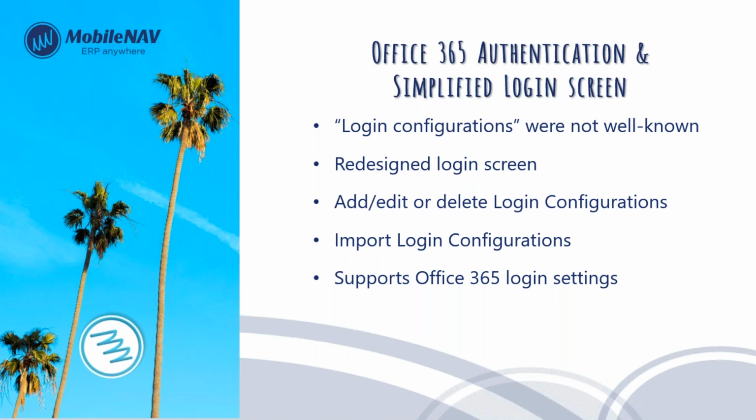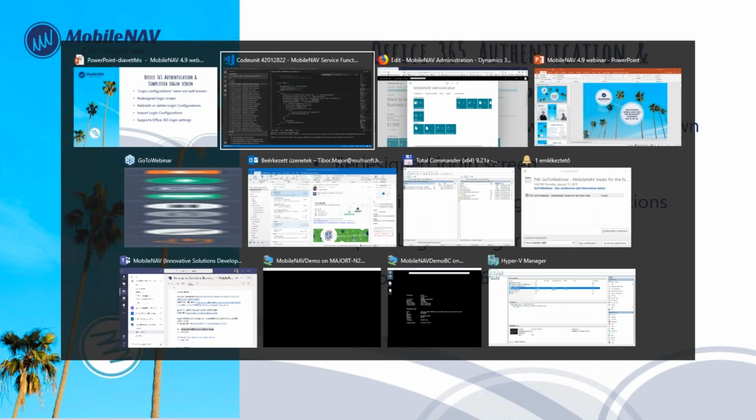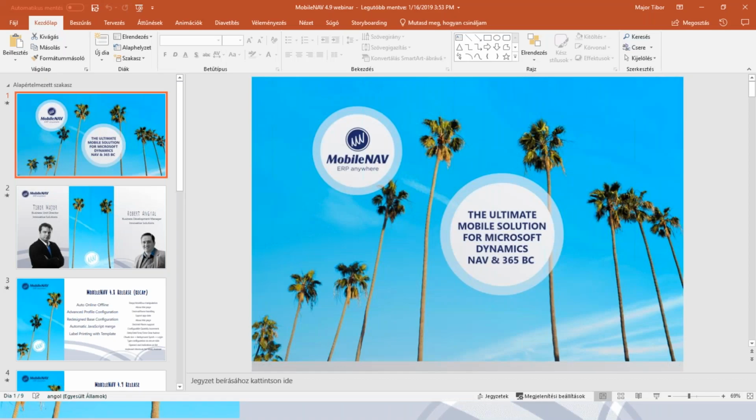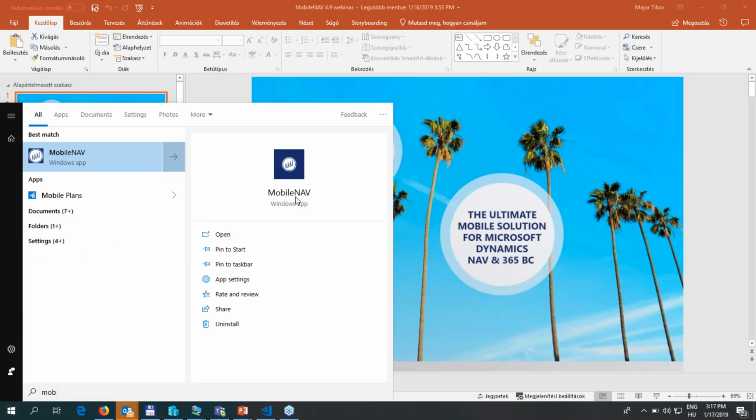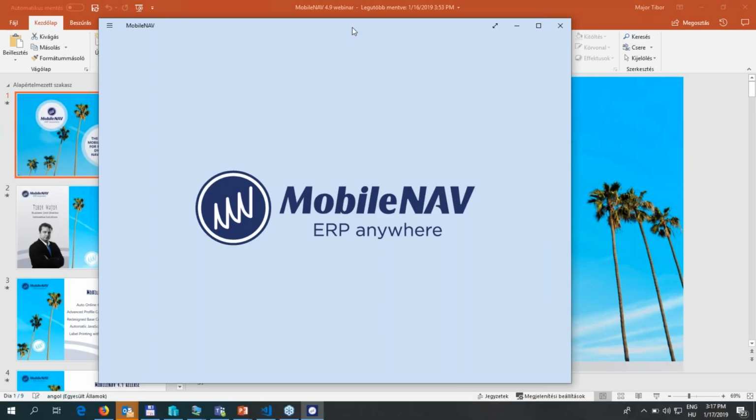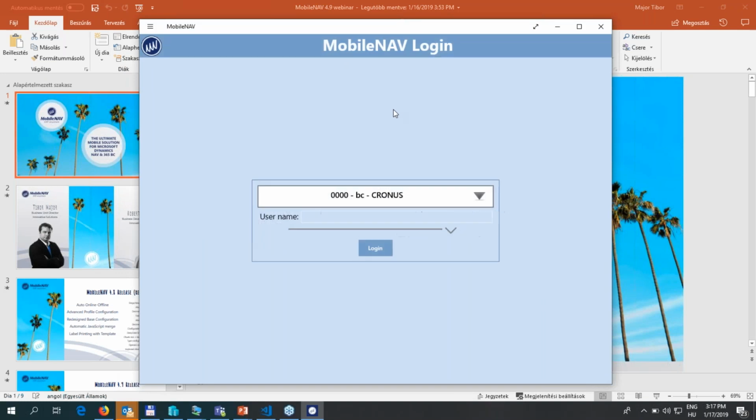So let's quickly see a demo of that. What I will do now is I will start MobileNAV, and you will see our nice new simplified login screen. This basically only has one combo box at the beginning, which allows you to select the login configuration which you would like to log in with.